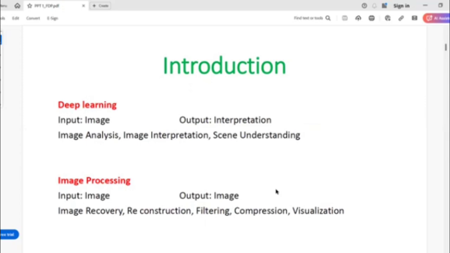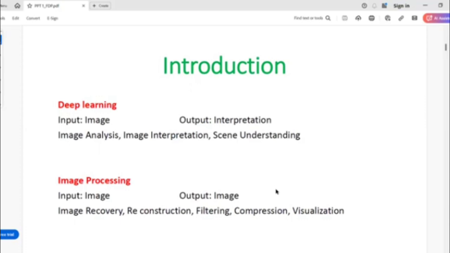You are going to analyze things. The entire medical image analysis part will happen in the deep learning stage. Here you are going to do image analysis or image interpretation. Interpretation is nothing but decisions or some set of rules, and you will be understanding the scenes or scenarios.